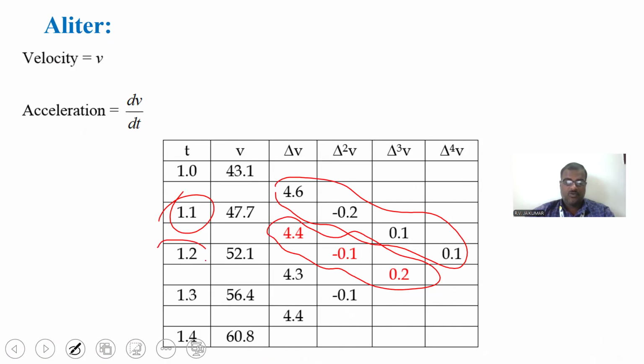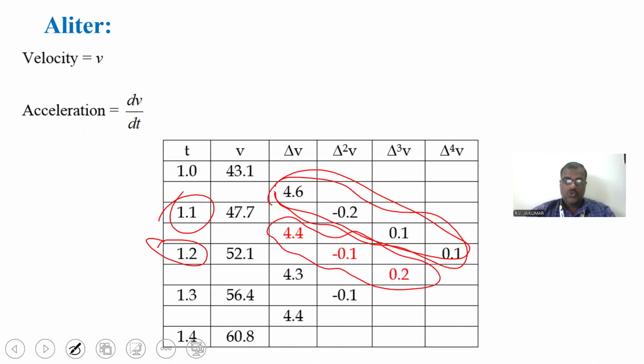Suppose we have 1.2, which is situated in the third element of the first column. So you have to choose the third element of each column for substituting in the forward and backward difference formulas. That's your choice. If you use the first formula, you can choose the very first value of forward differences.